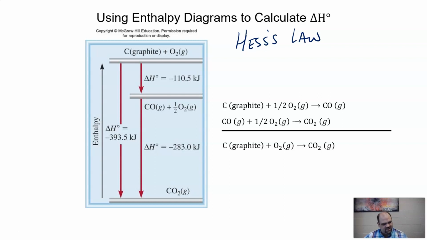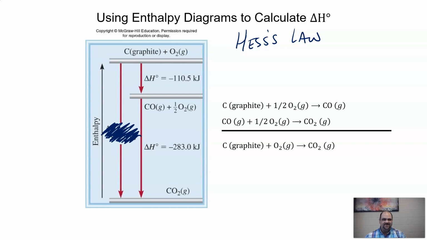In this reaction here, let's say that we don't know this enthalpy of reaction. Right? We know the enthalpy of reaction going from carbon and oxygen to making CO and an oxygen atom. And we know the enthalpy to go from carbon monoxide and oxygen to CO2, but we don't know the enthalpy to go from carbon and oxygen all the way to CO2 in one stretch.